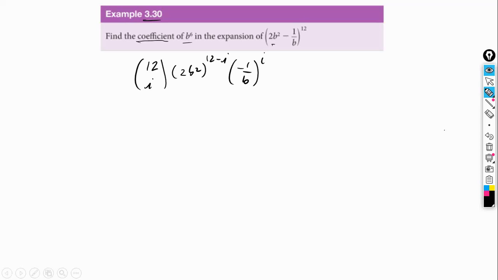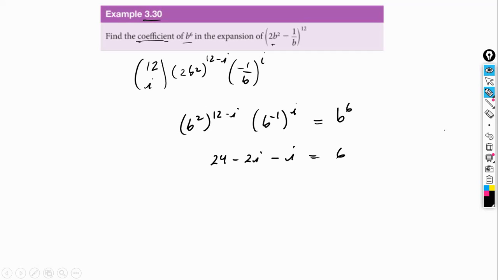So let's just focus on b, on the variable. So we could rewrite this as b squared to the power of 12 minus i, and let's write this as b to the minus 1 to the power of i. So this has to equal b to the 6. So I would say, okay, 24 minus 2i minus i, when is this going to equal 6?